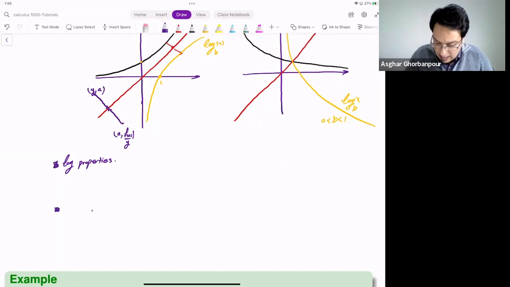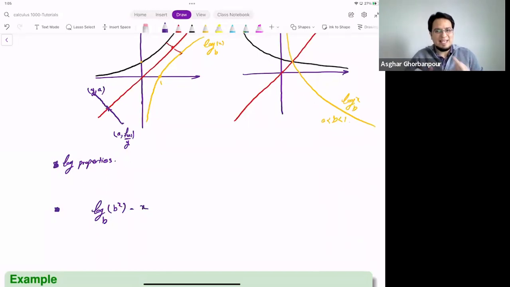It says that if you go first by the exponential function, so you take x, put it as the exponent to b, and then find log of that, this will be x. In other words, log and exponent cancel each other. That's another way of saying these are inverse.